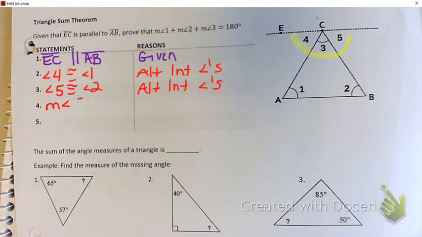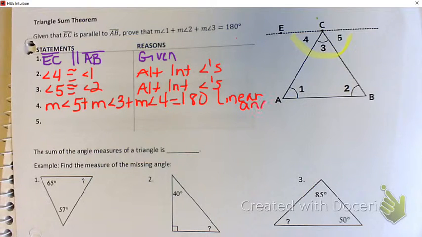They are linear. So if they're linear, what's the measure of all the angles? 180. So all three of those added together are 180 because they are linear angles.